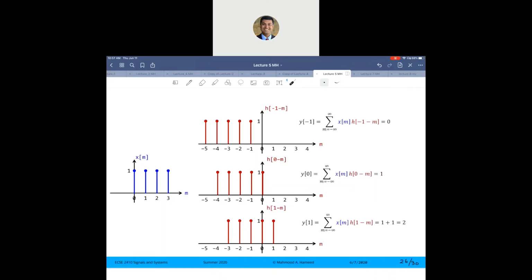And we are focusing on things that are mainly giving you some non-zero output. So for example, I'm going to leave x of m as is, and I'm going to consider h of -1 minus m, 0 minus m, 1 minus m, and so on.